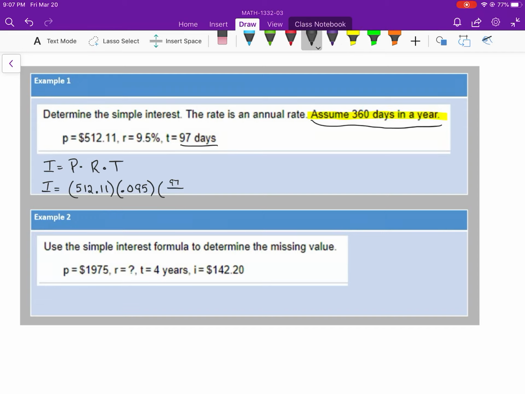We all know there's 365, but since it's telling us that specifically, that's called the banker's rule, and they always use 360 instead of 365. So we have to put that 97 over 360.